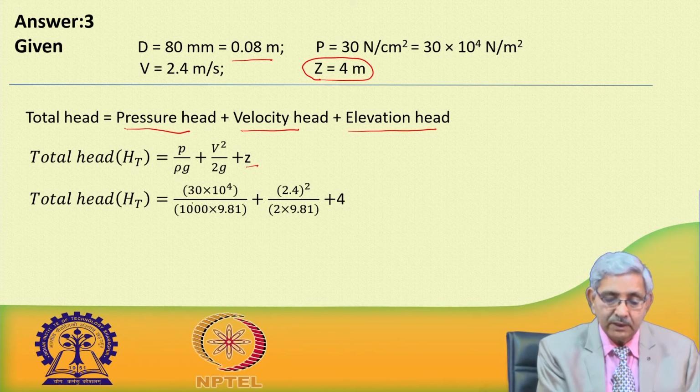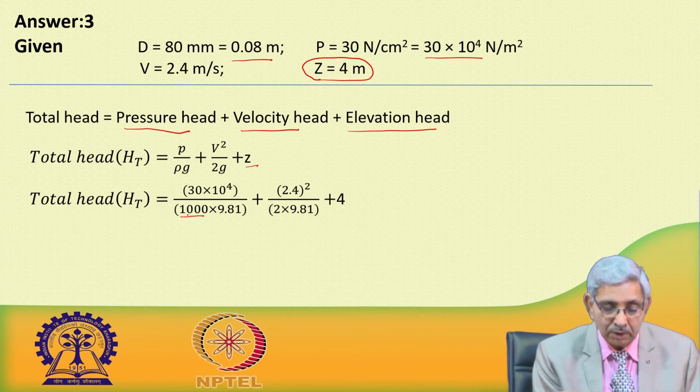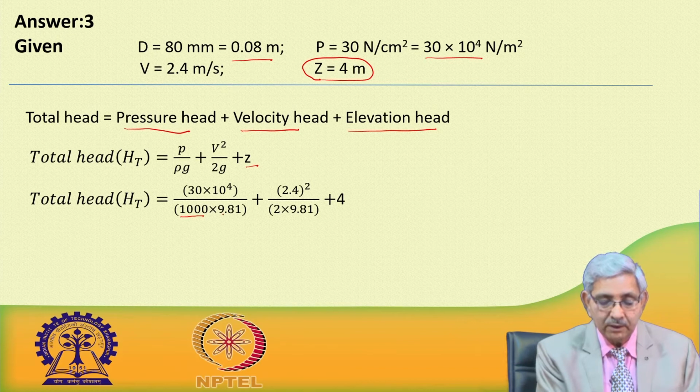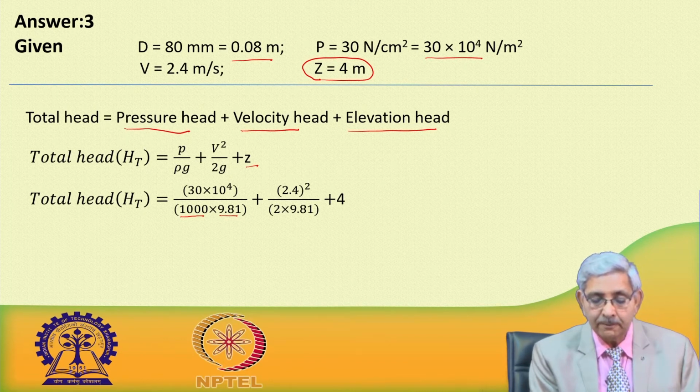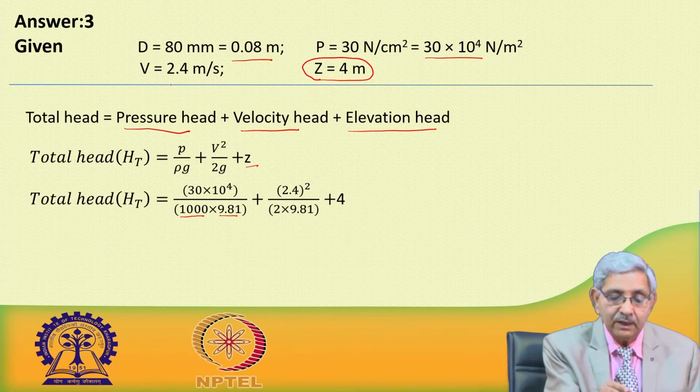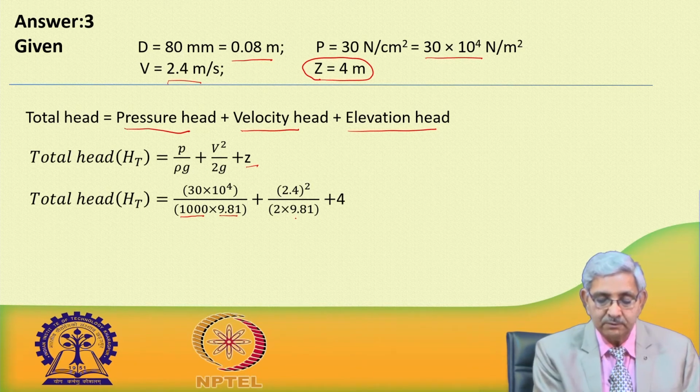So, P is already given, which is 30 into 10 to the power 4 Newton per square meter. Density of water we know is 1000 kilogram per cubic meter. g is 9.81 meter per second square, and for V square by 2 g the velocity is given, that is 2.4 meter per second.